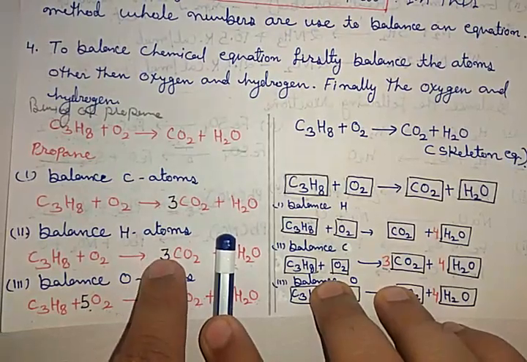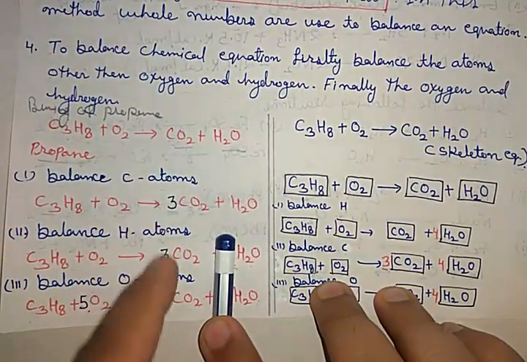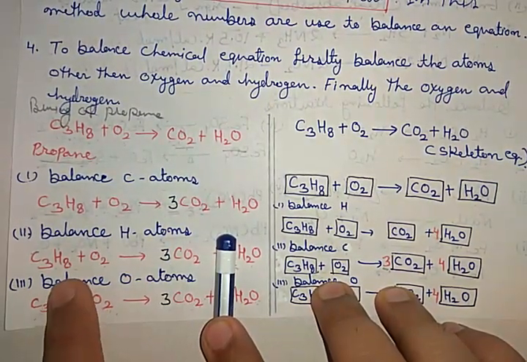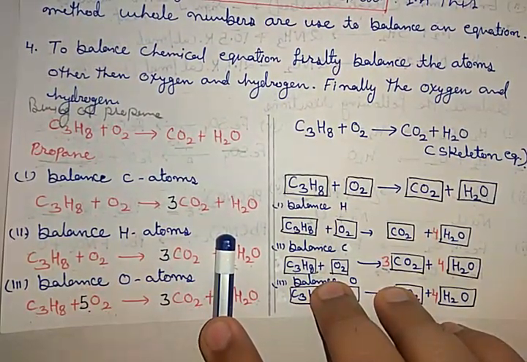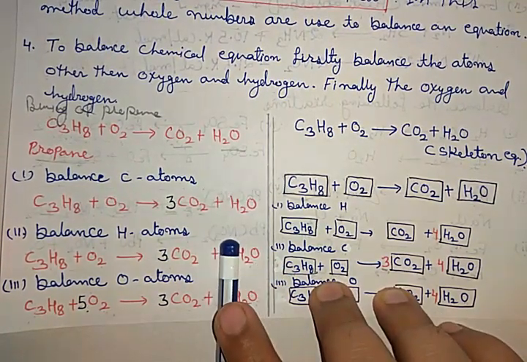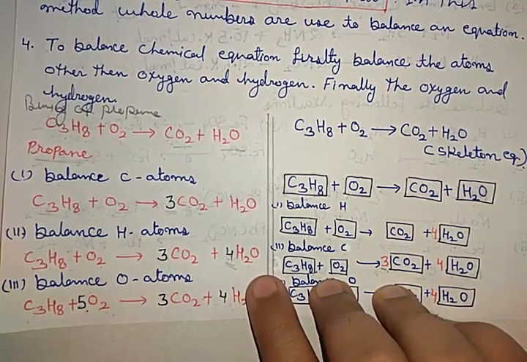We have to proceed on the equation balanced after the first step. So now there are 8 hydrogen here and 2 there. If I multiply 2 with 4, then it becomes 8, so I place 4 here.